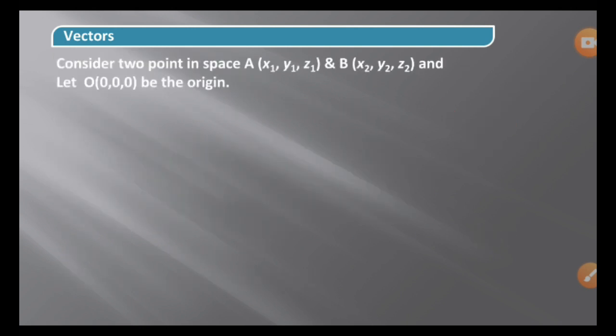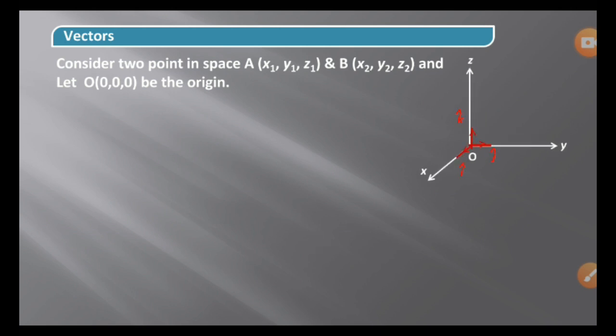Now again consider 2 points in space, A(x1, y1, z1) and B(x2, y2, z2), and let O be the origin which has the coordinates 0, 0, 0. Now consider the space here.